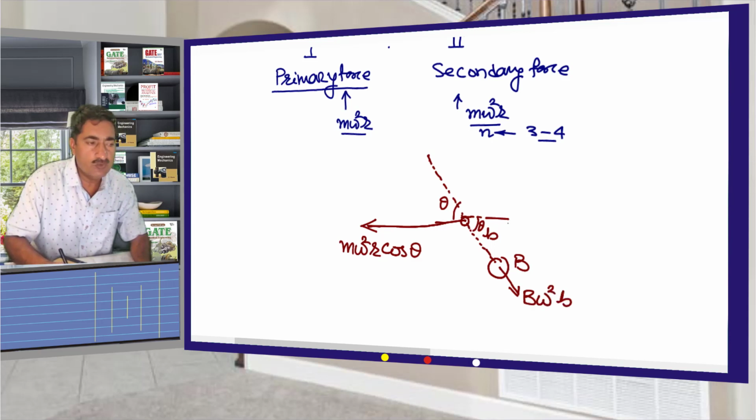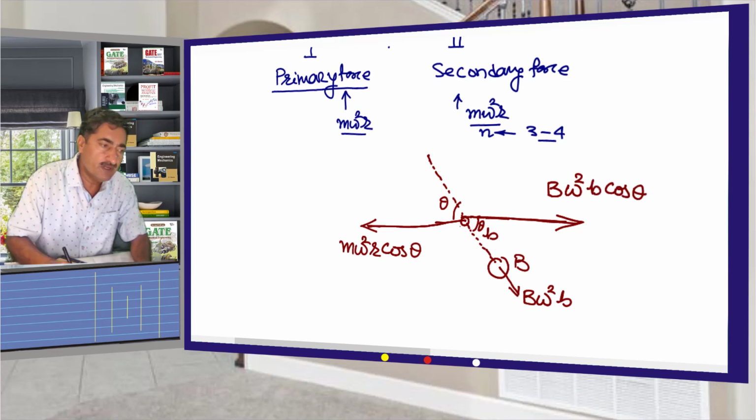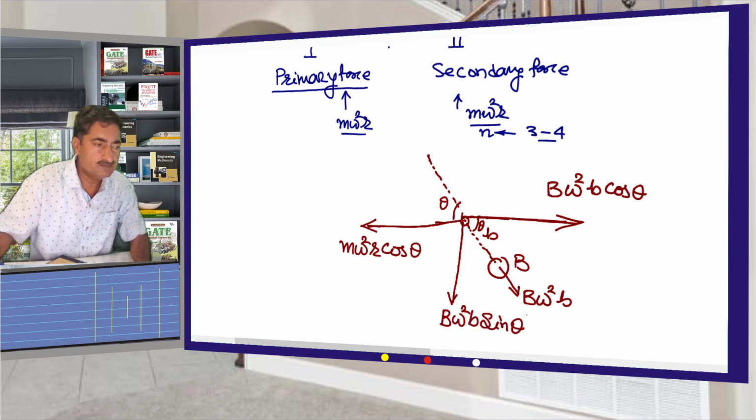This force has two components. One is in this direction, which is equal to B omega square b cos theta, and the vertical component B omega square b sin theta.